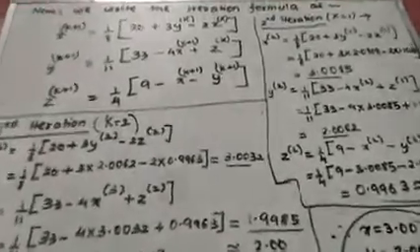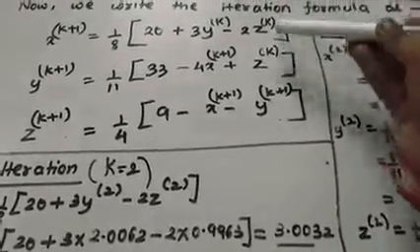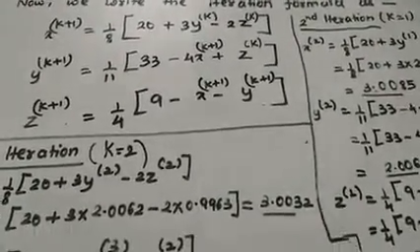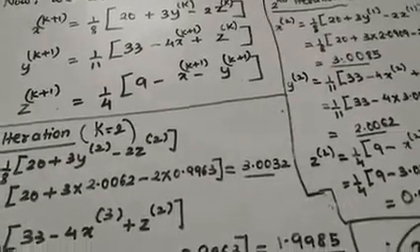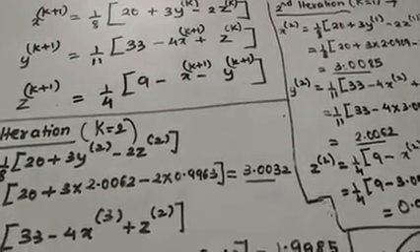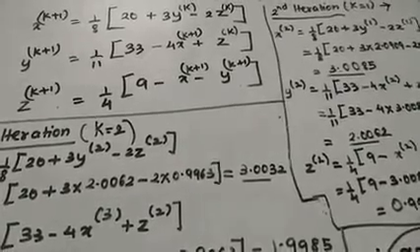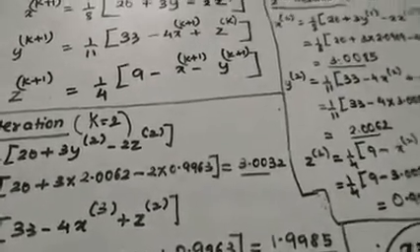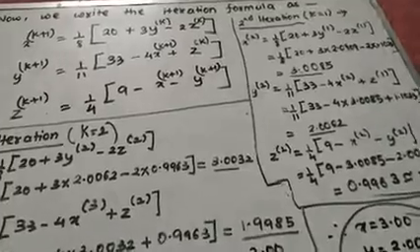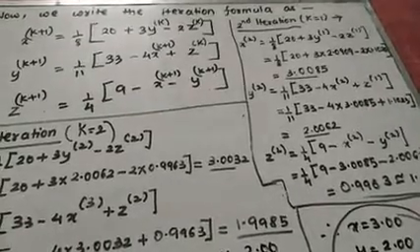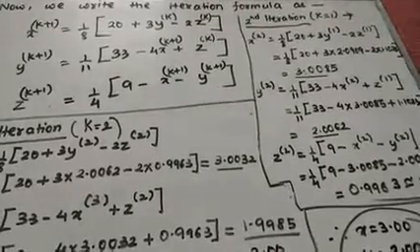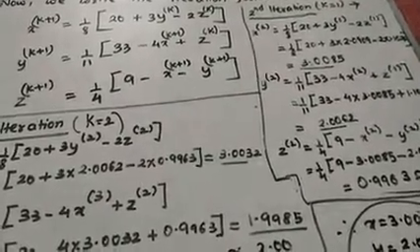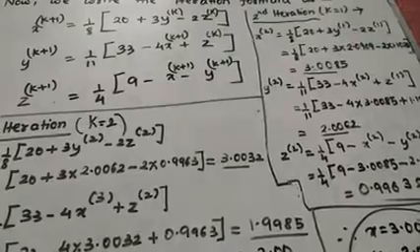Just if you get how to make this iteration formula, then everything is simple for you, and this is one of the scoring units in your syllabus. So I hope you are clear about the Gauss-Seidel method. If you have any question regarding this particular method or the previous methods, you can ask me. I will try to resolve that.